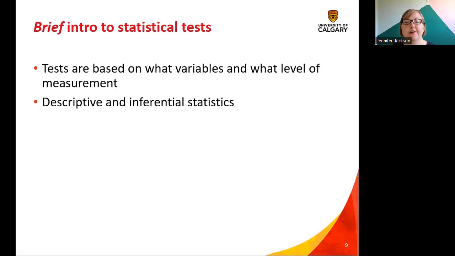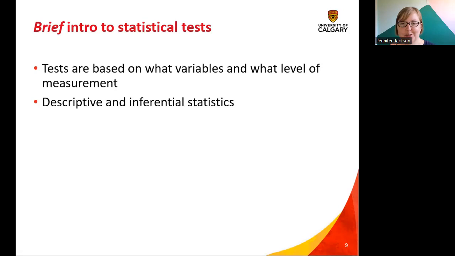The flip side is inferential statistics, and this is where we're not just explaining what is, we're looking at whether our intervention creates the outcome in our dependent variable that we want. So you're creating an inference, or testing an inference, in inferential statistics.